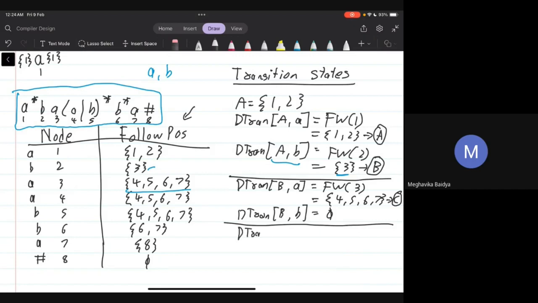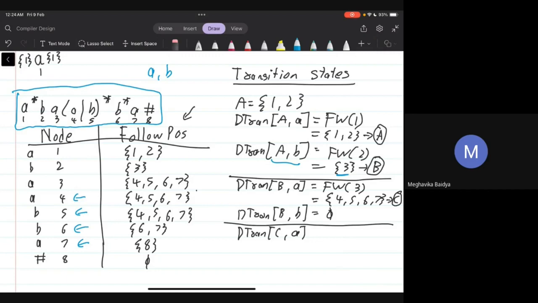Now you're doing Dtran of C comma A. C is 4, 5, 6, 7. Right? Wait, I'll just annotate here. So 4, 5, 6, 7.